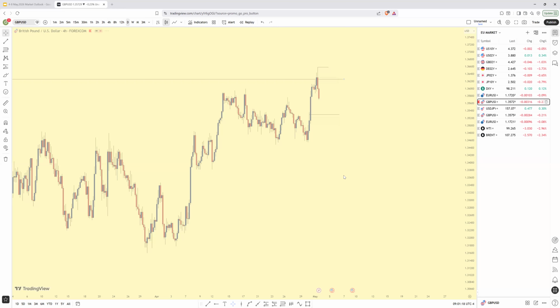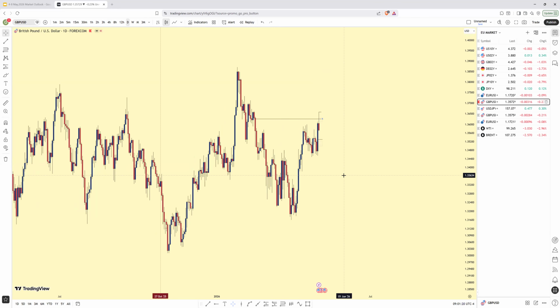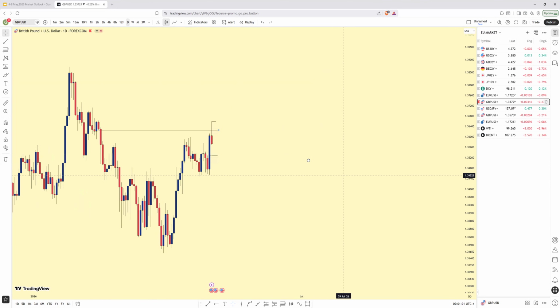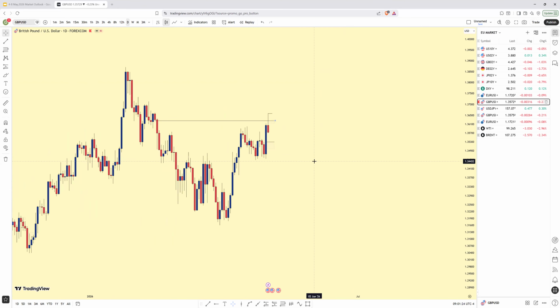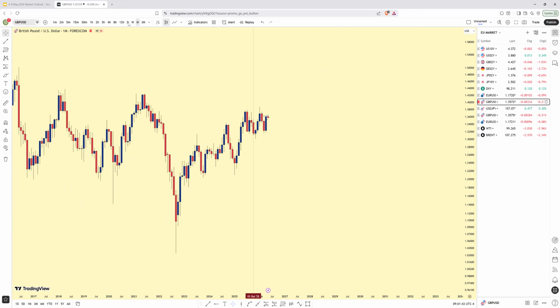Like we said, we're bearish on pound USD and Euro USD. So if we look at the charts, you can see that on the daily time frame, the price has taken out this high. I think that high is the previous month high. Yeah, that's the previous month high.